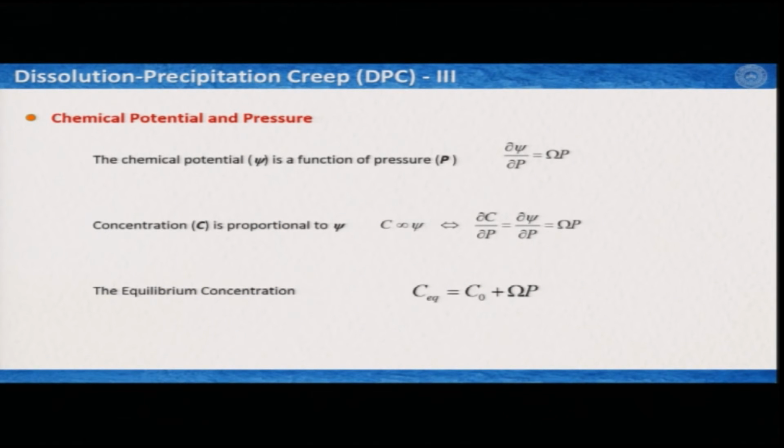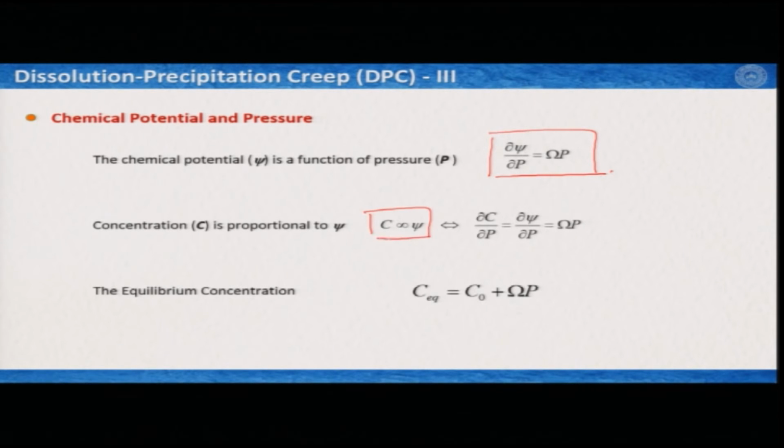So, some equations, these are very simple, do not worry about it. The chemical potential, if we consider it as phi, is a function of pressure. So, we can write this equation, and concentration is also a function of this chemical potential, phi, and this is proportional.